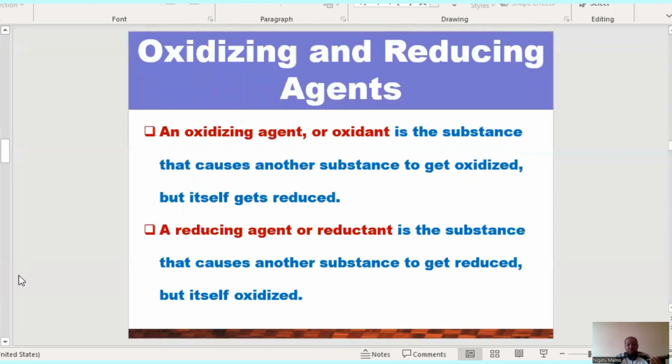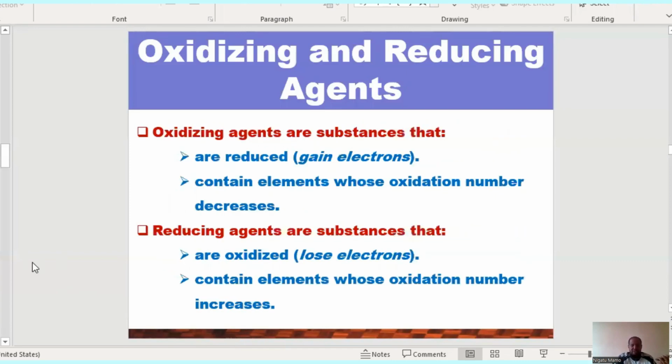Next, what are oxidizing and reducing agents? An oxidizing agent, also called what? Oxidant, is the substance that causes another substance to get oxidized, but itself gets reduced. A reducing agent or reductant is the substance that causes another substance to get reduced, but itself is oxidized.